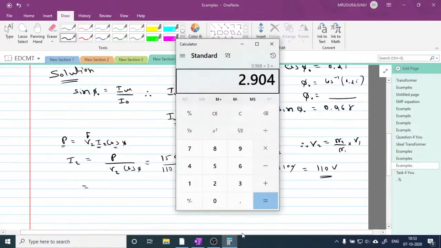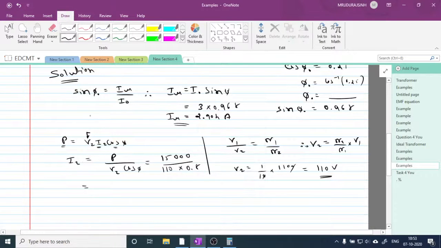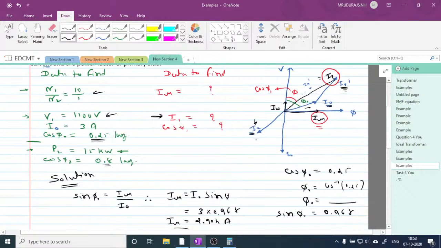So 15000 divided by 110 divided by 0.8 gives us 170.4545. So it's 170.45 ampere. So we got the secondary current, 170.45 ampere, so now we have the I2 current.